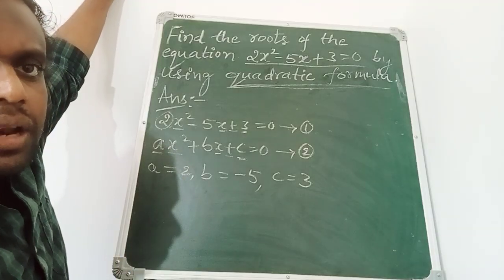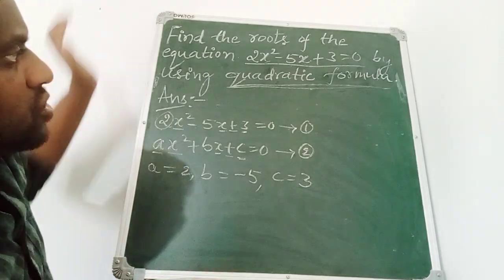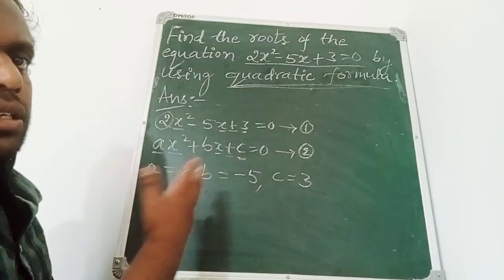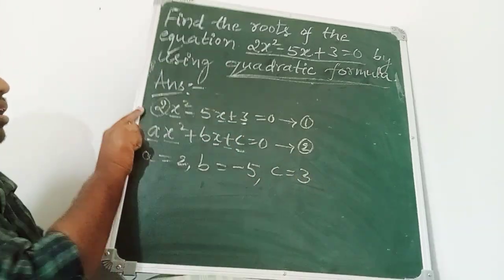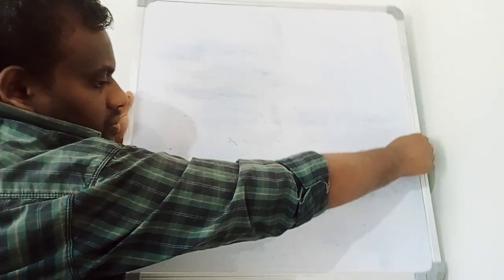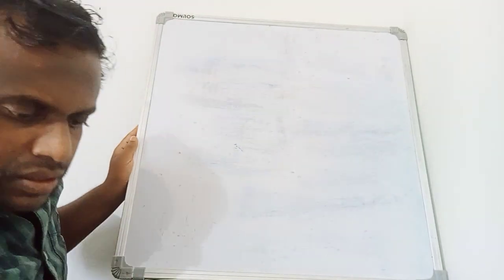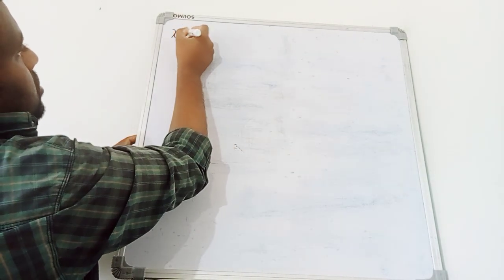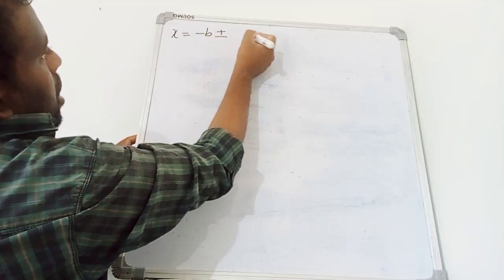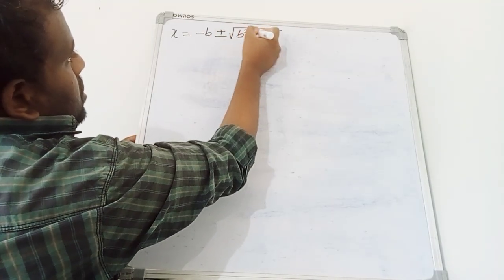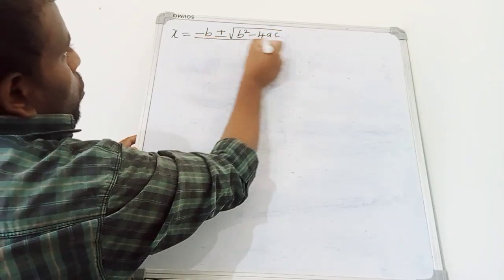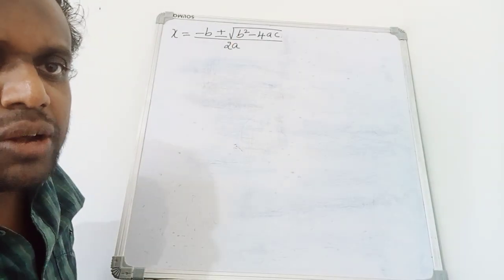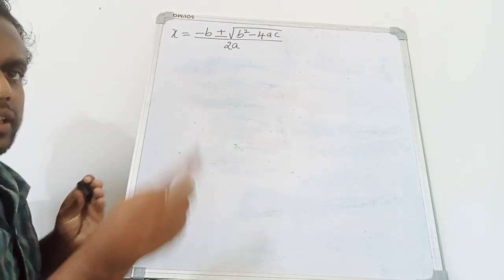Now I will write the quadratic formula and solve the remaining part on the back side of the board.